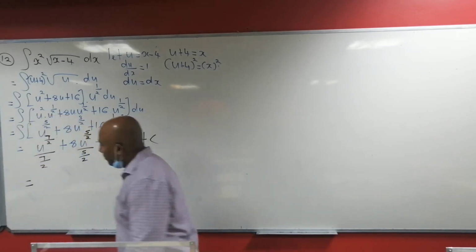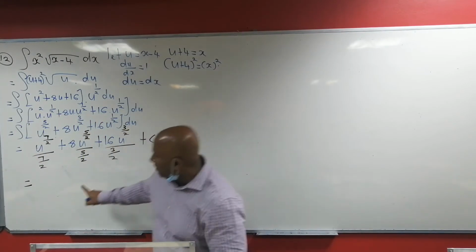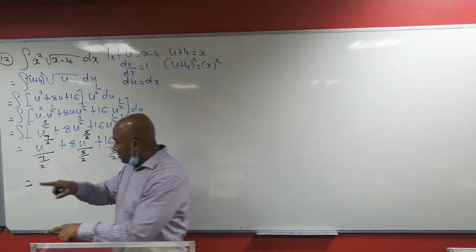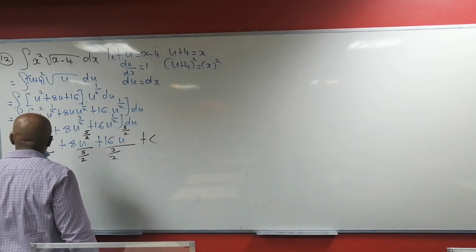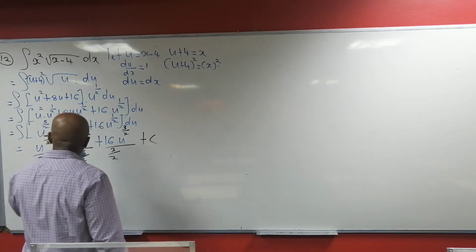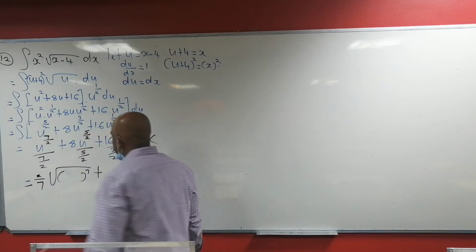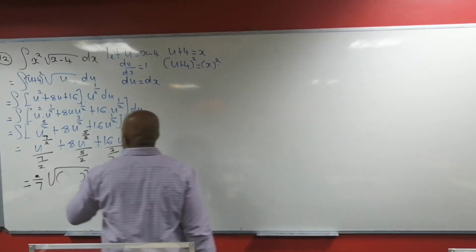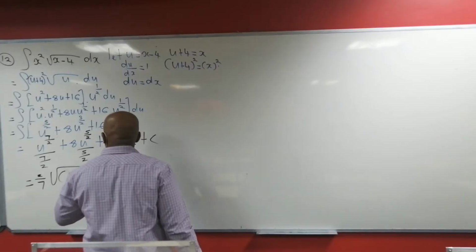So I'm going to simplify at the same time. Remember, this is 1 divided by 7 over 2, which becomes 2 over 7. Here, 8 divided by 5 over 2, so 8 times 2 is 16, so that's going to be 16 over 5.